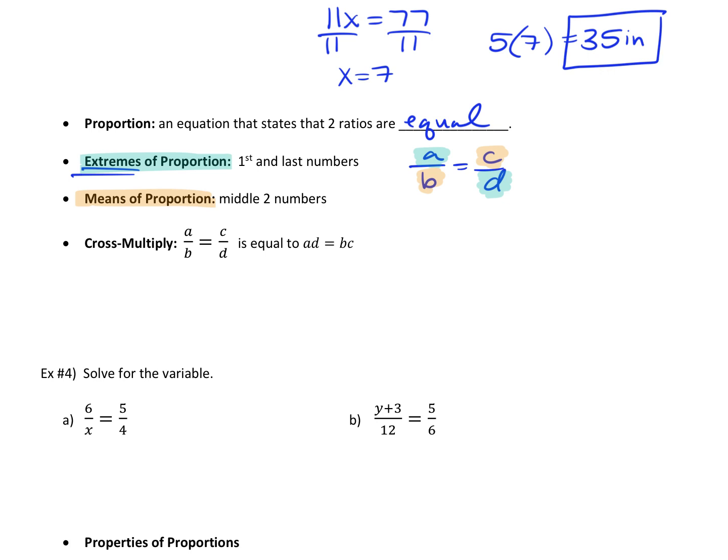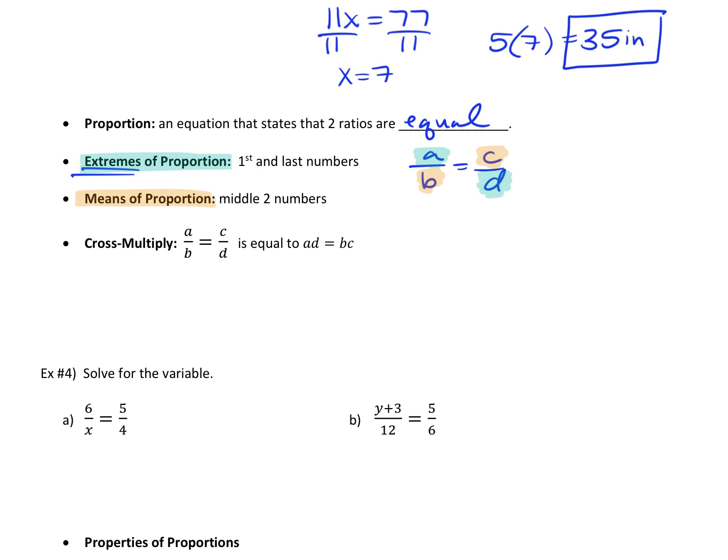Okay, so with proportions, you often solve by cross multiplying. This is one where I feel like you've done it a lot in your math career, but some of you have been doing it wrong for a while. So you kind of have to break that mold and start doing it the right way, okay?